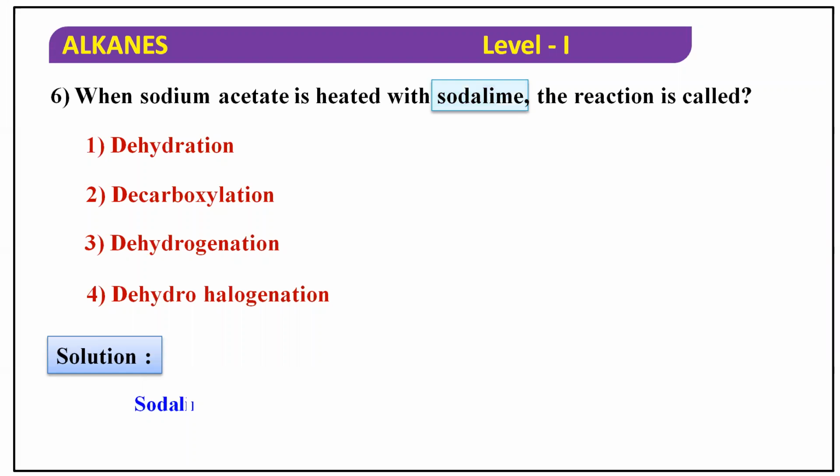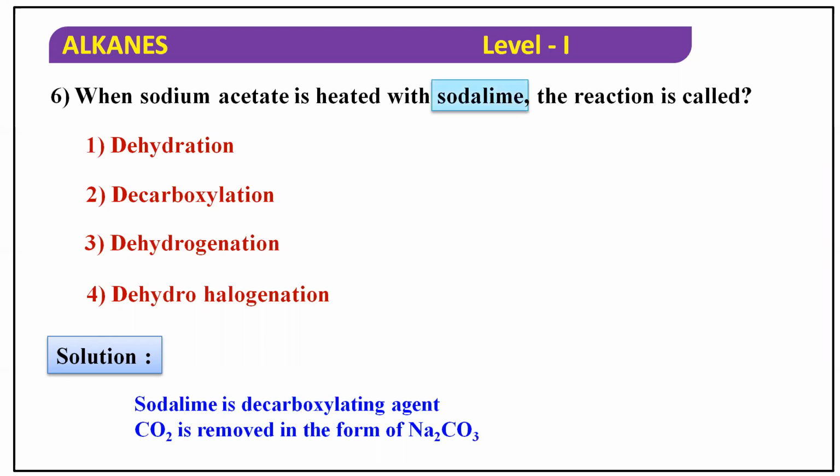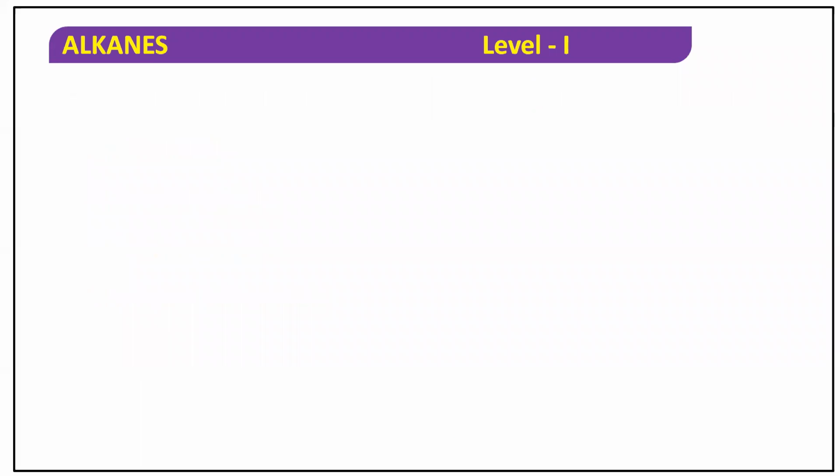Will there be any change here? We discussed that the carbon chain will be reduced. Decarboxylation. Okay. One carbon will come out as Na2CO3. So the length of the carbon chain will decrease. So decarboxylation, second option.